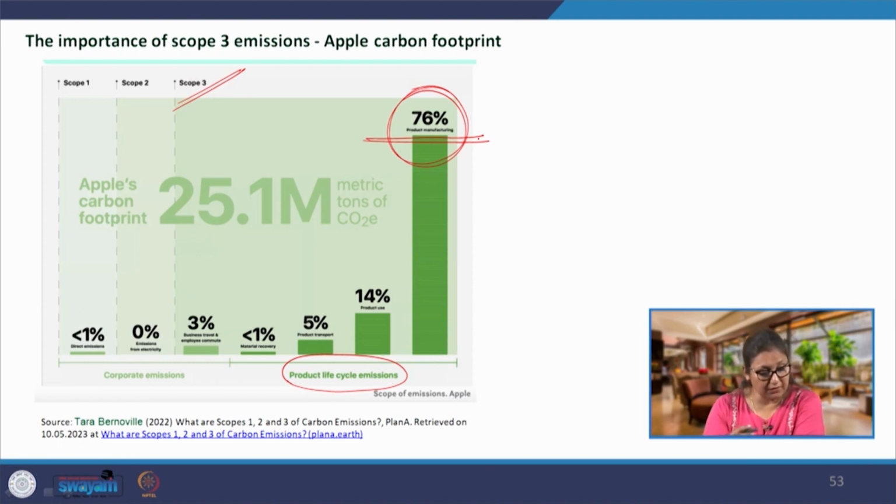What they are covering as part of the scope 3 emissions, if you see, it is business travel and commute, which often we will find, the material recovery, the transportation of the product, the use of the product. So, all of that is put in scope 3, the indirect emissions where the company does not have control. However, this product manufacturing needs to be checked and verified depending upon the agreements.